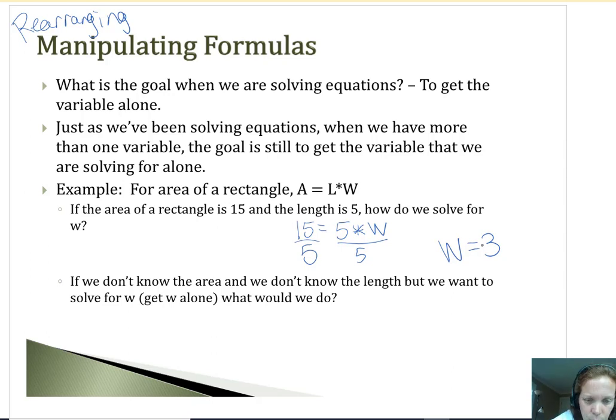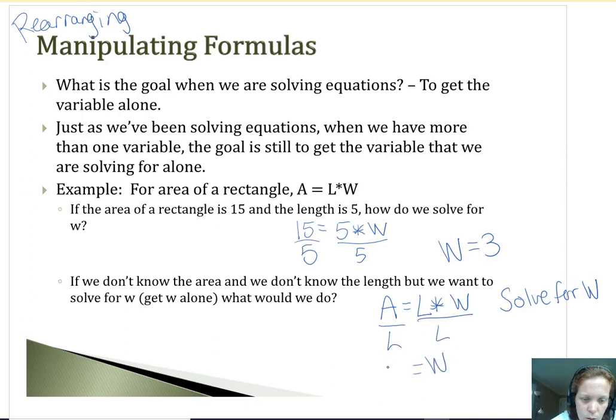Okay, now if I'm going to rewrite the same formula, A equals L times W. If we don't know the area or the length, but we want to solve for W, get it alone. If we're just told, here's our equation, solve for W, we would think I want to get W alone. This is length times width, so I divide by the length.